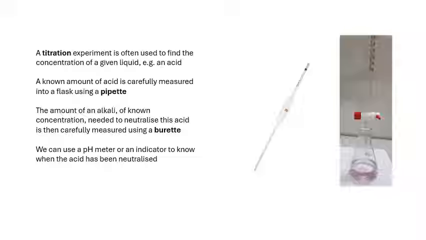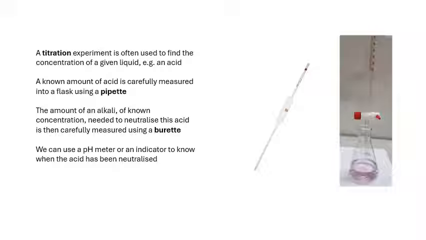Okay, so basically what you do is you get a known amount of acid. You measure it very carefully with a pipette, not a teat pipette, but a proper calibrated pipette. So you measure out some of the acid and you put it in a container, like a conical flask, and then you find out the amount of alkali you need to neutralize it in the titration.